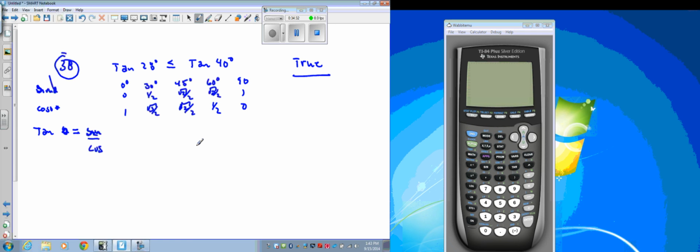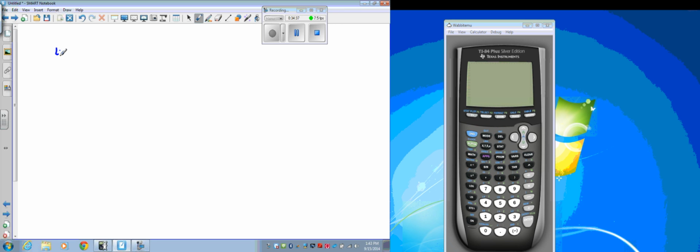All right, now the 40, if you look at that hint underneath there, it'll help solving the problem. Here they have cosine of 28 degrees is less than sine of 28.